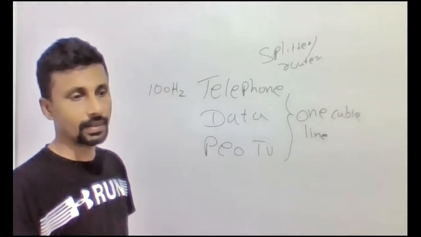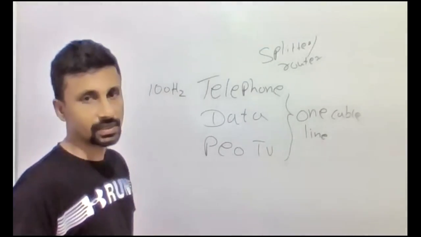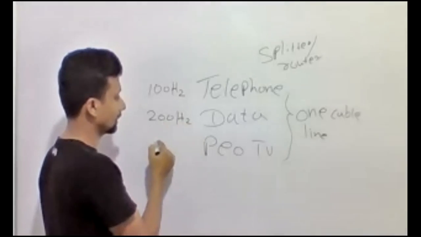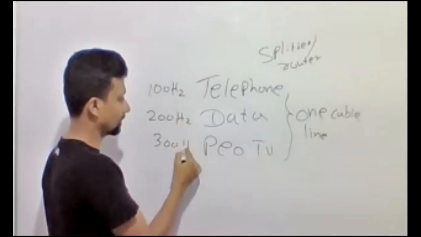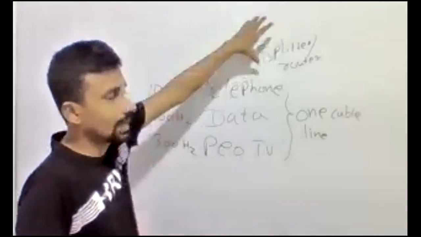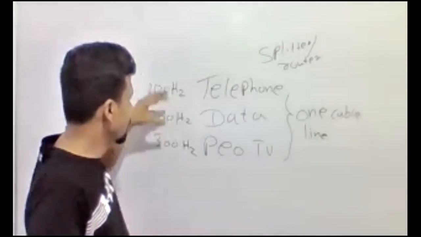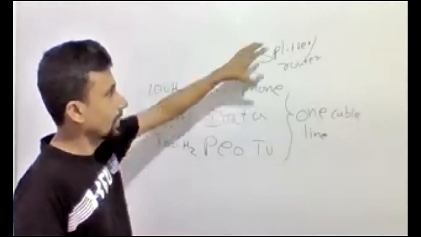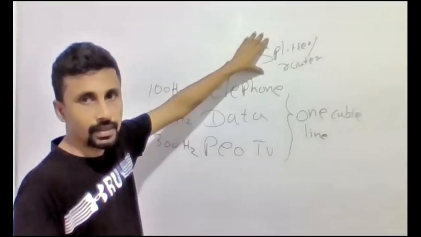This is not the real frequencies. If the splitter can identify this by frequency division multiplexing, it can send the data.